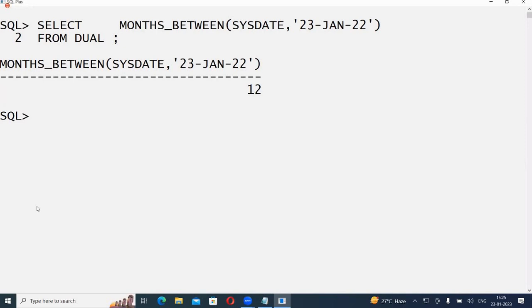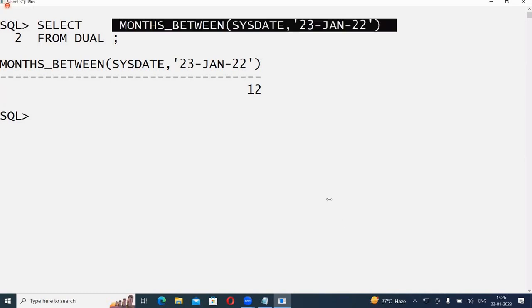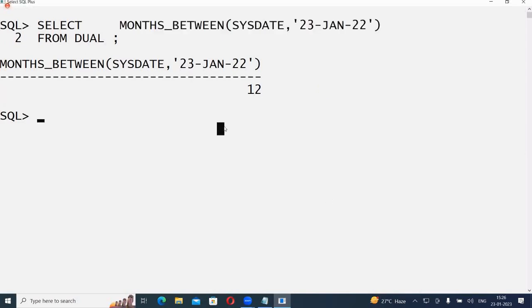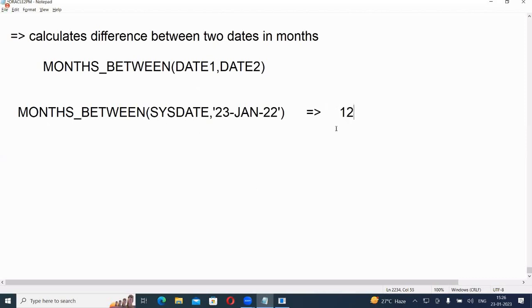So the difference is calculated in months. Now, for example, what I want to show is employee name and experience.